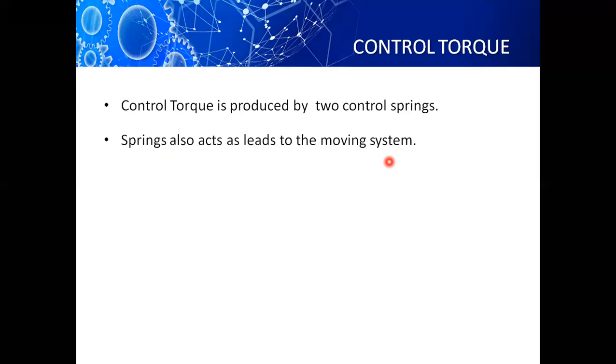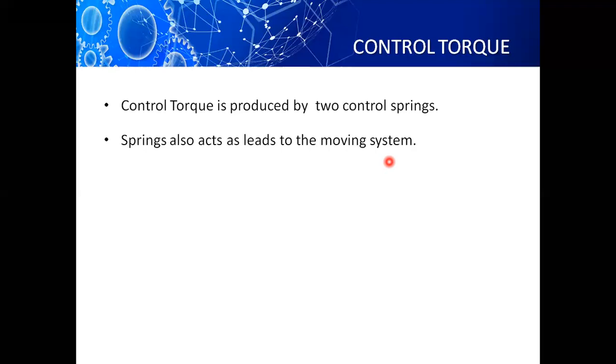In that permanent magnet moving coil system, we used spring control to produce control torque, and those springs were also doing two jobs. One is to produce control torque, another one is to close the circuit to act as a lead to the moving system.